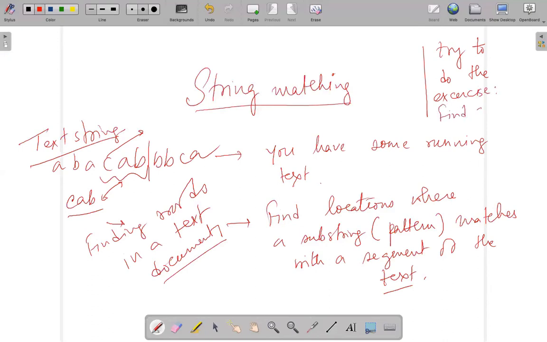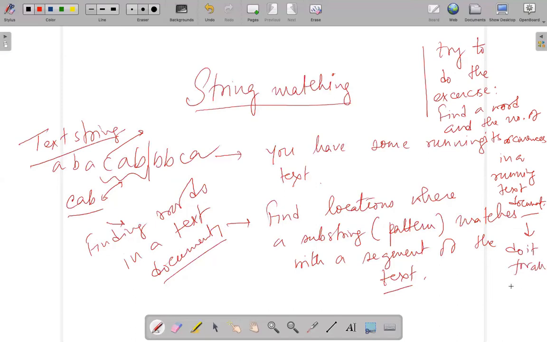Find a word and the number of its occurrences in a running text document, and do it for all words. So you have a word frequency table.